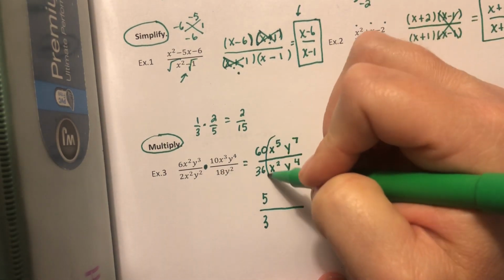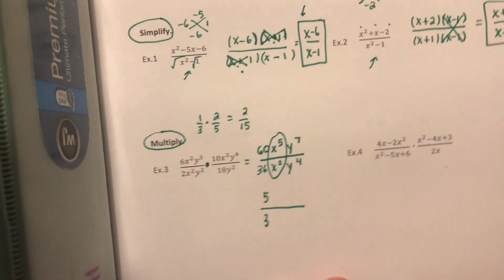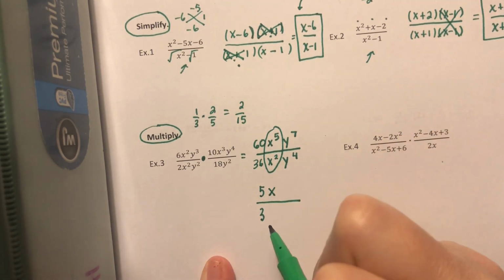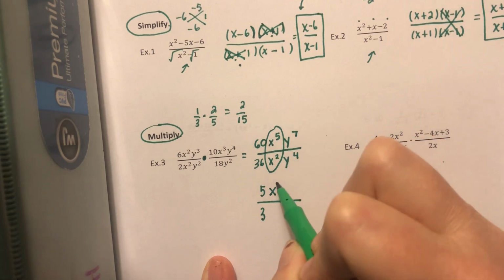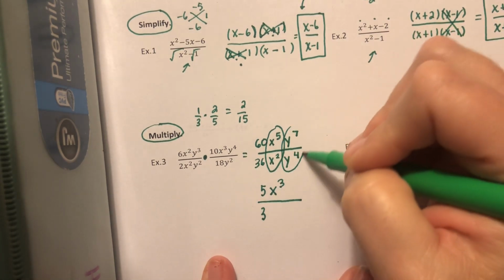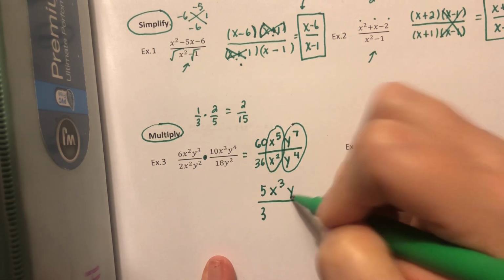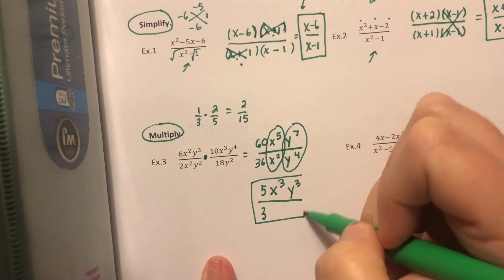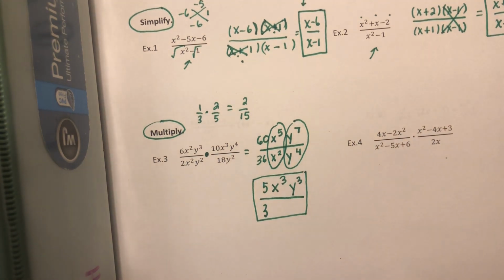So on these x's, would you consider them top heavy or bottom heavy? Are there more on the top or more on the bottom? Well, there's definitely more on the top, and then you ask yourself, how many more? There are 3 more. Okay, y is top heavy or bottom heavy? Also top heavy. How many more? Also 3. So this is your final simplified answer for example 5.